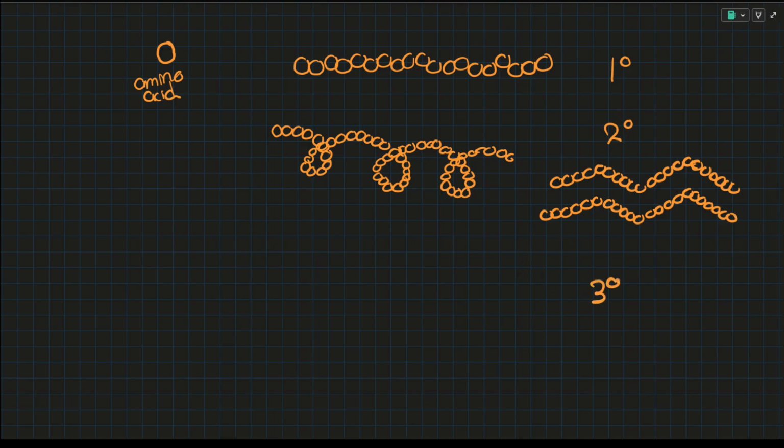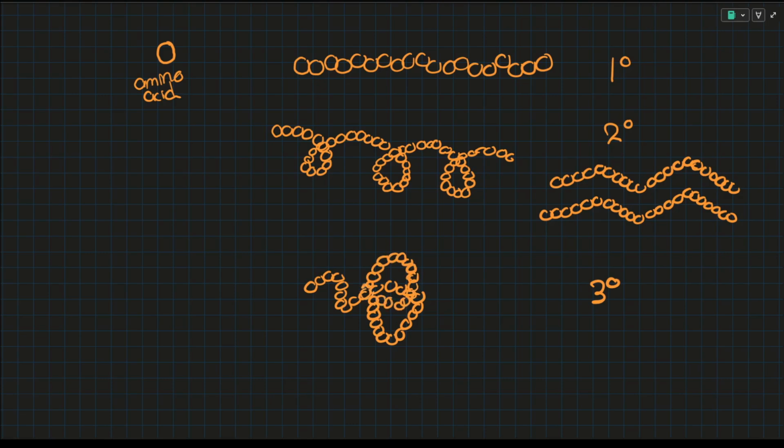At the tertiary level, due to complex bond formations, the amino acid chain can bend in complex ways and form a very complex tertiary protein like an enzyme. Do you see?